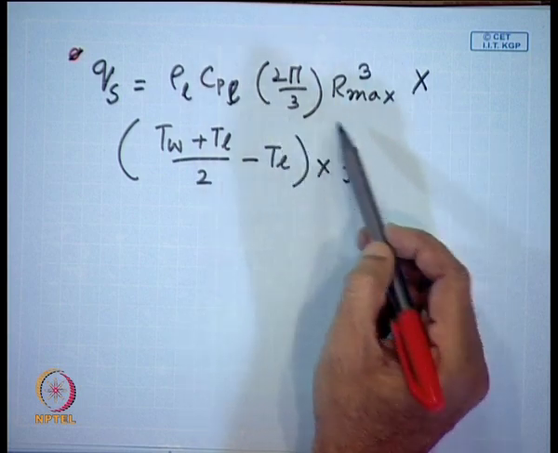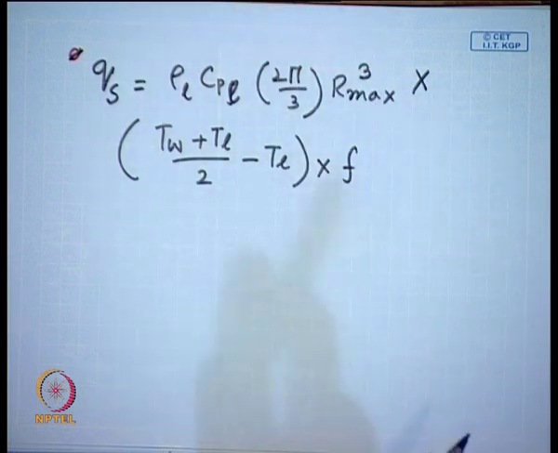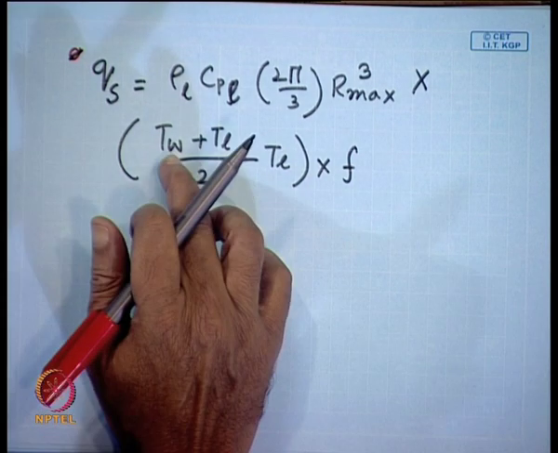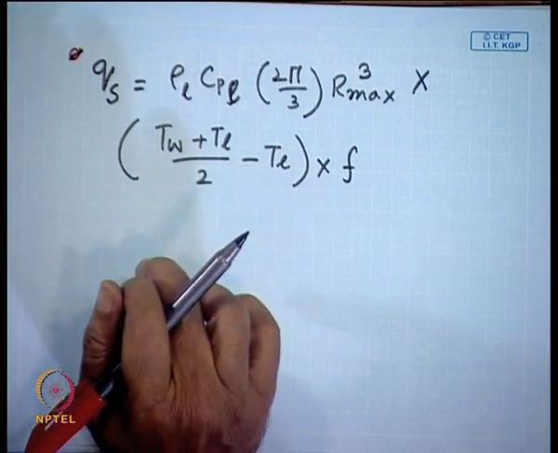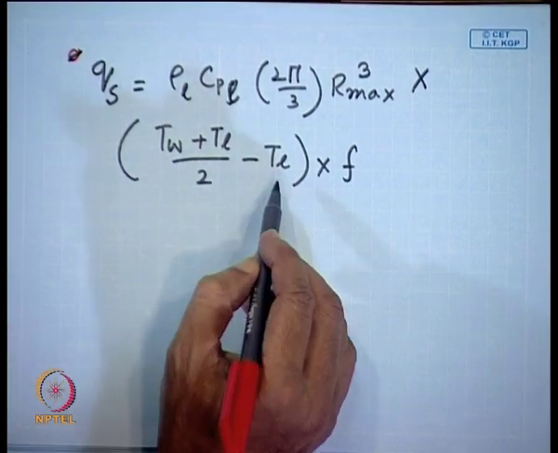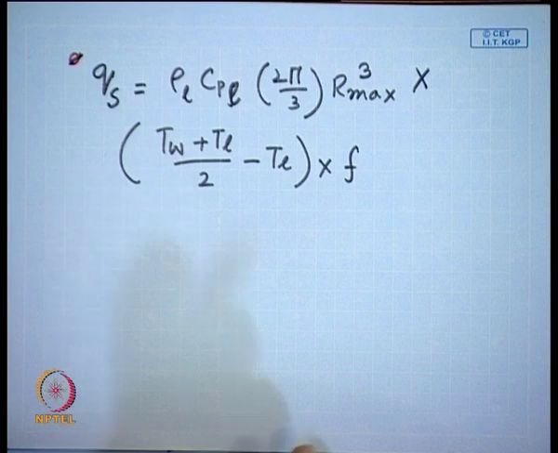The 2 pi by 3 R max cubed comes from the bubble volume, R max is the radius of the bubble at its departure, T W is the temperature of the wall, T L is the bulk liquid temperature, and F is the frequency of bubble departure.